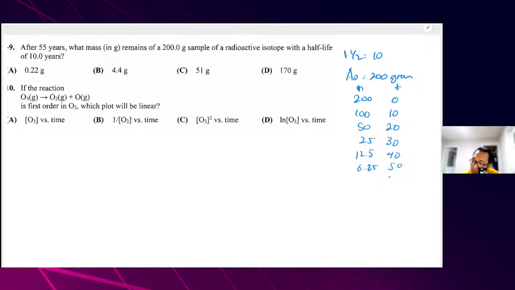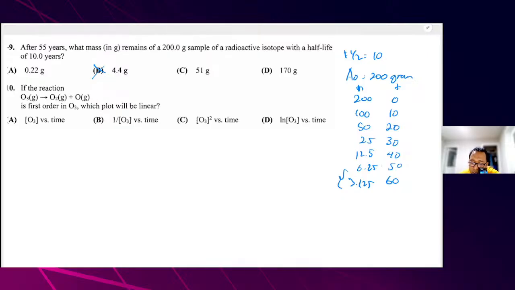Now if we put in 60 years, it's around 3.125 grams. So we want the value that is above 3 and below 6, so the answer will be B. It's pretty easy. You don't need to know the equation for this one if we know the concept of half-life.